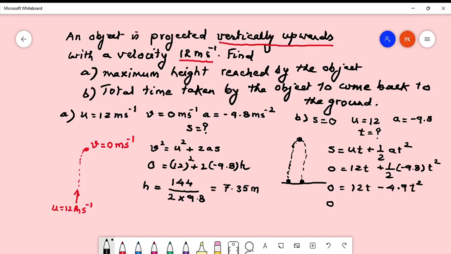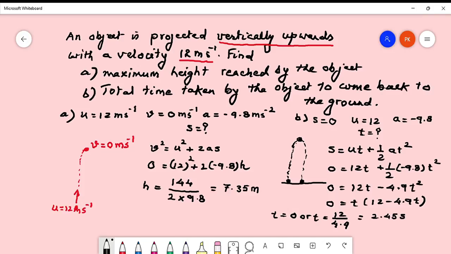So 0 is equal to t into 12 minus 4.9 t. Take a t common. That gives you either t is equal to 0 or 12 minus 4.9 t is equal to 0, which is t is equal to 12 upon 4.9. Now 12 upon 4.9 is approximately 2.45 seconds.